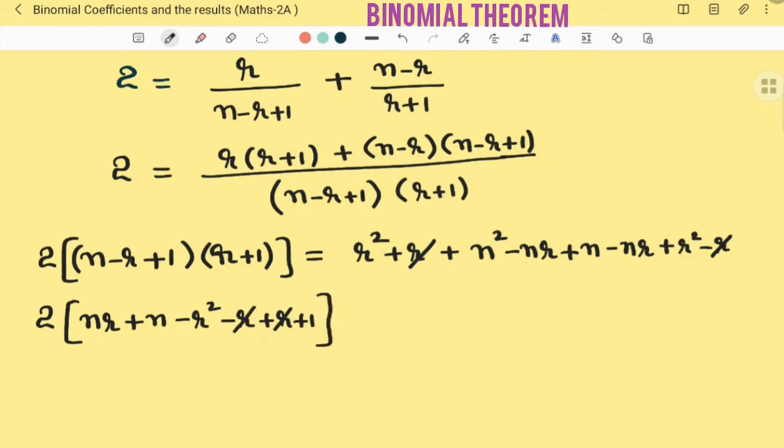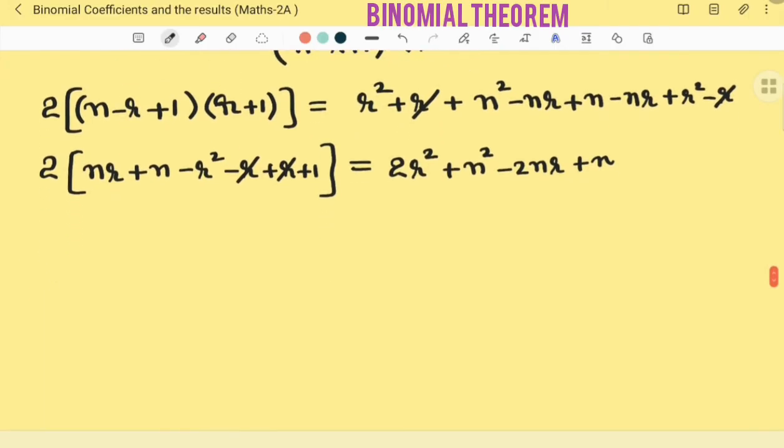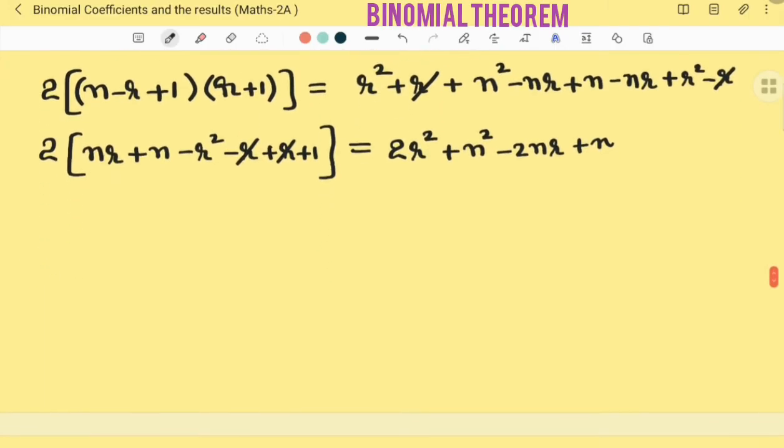Here also we can cancel these terms, which is equal to r square plus r square, 2r square, plus n square minus nr minus 2nr plus n. So here multiply each and every term: 2nr plus 2n minus 2r square plus 2.